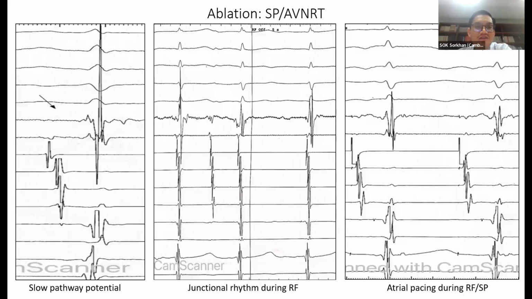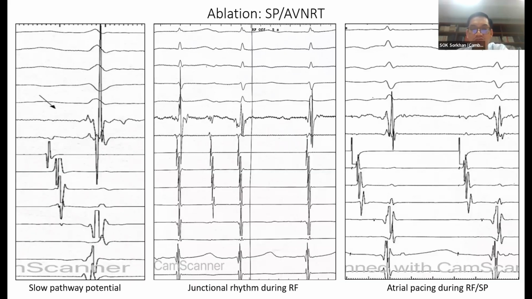So we changed the strategy. We stopped burning the PVC around the papillary muscle because we had already delivered a lot of applications. So we did only the slow pathway ablation, from the left side. We got a junctional rhythm during ablation, and afterwards we did atrial pacing.